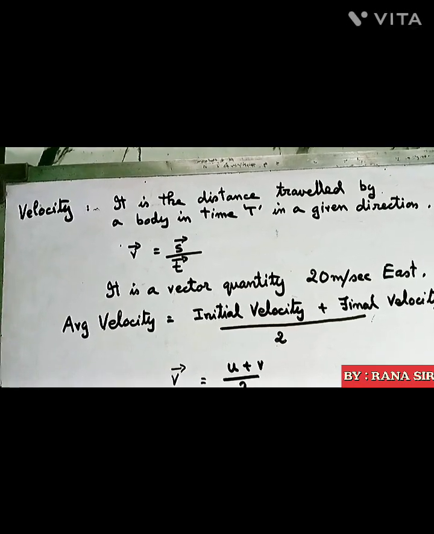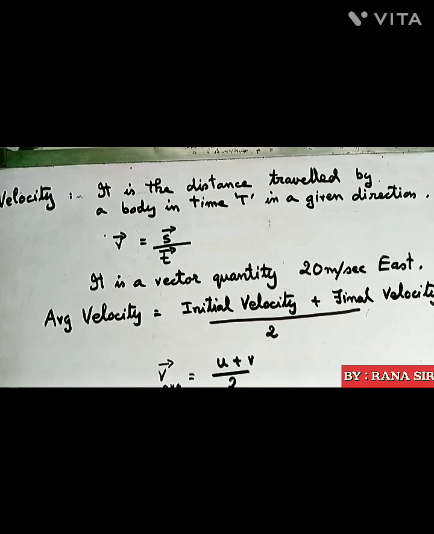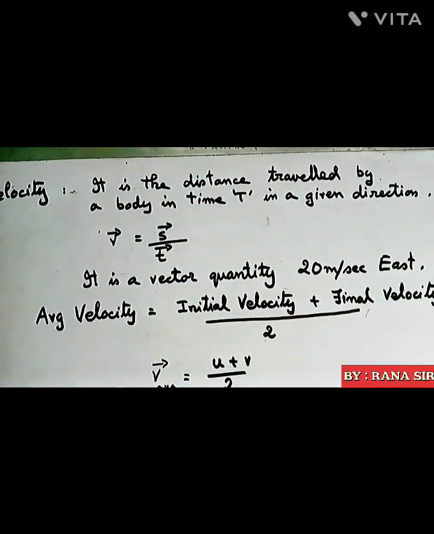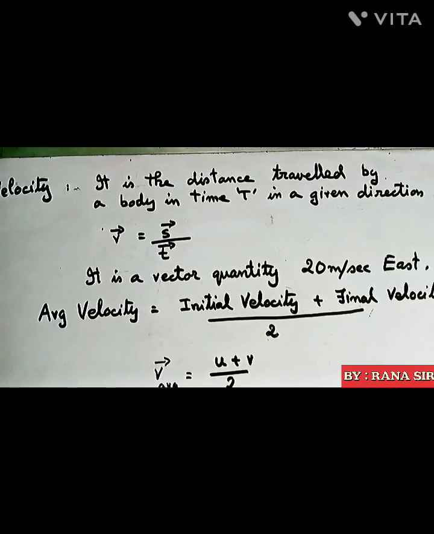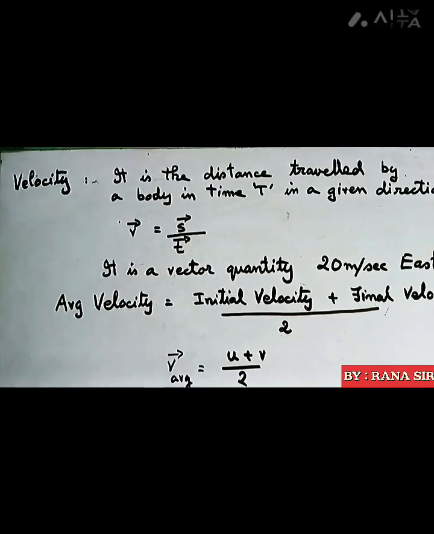So when we are talking of velocity, it is the distance traveled by a body in time t. Till here it is speed in a given direction. So speed with direction is velocity. Here we will have this arrow. This arrow is the vector sign.